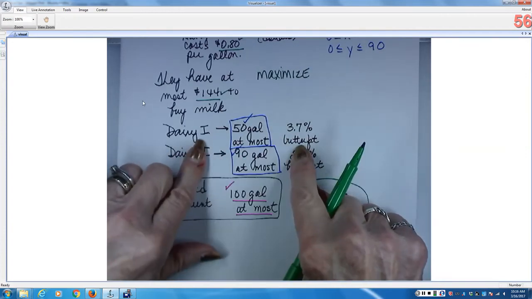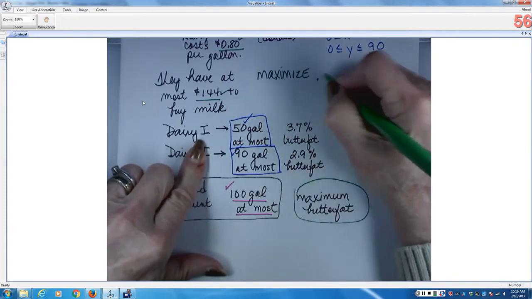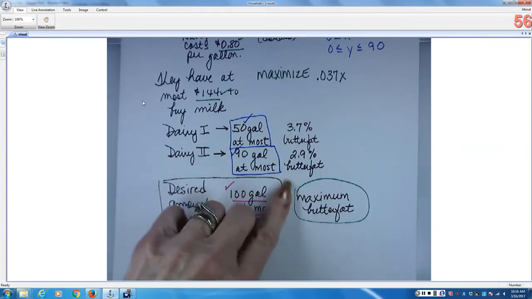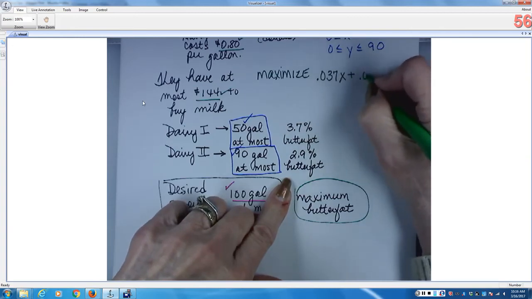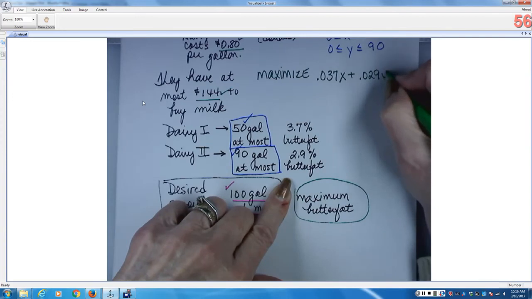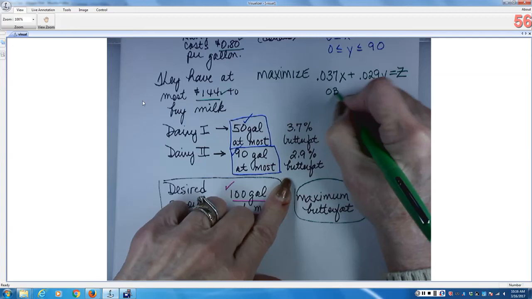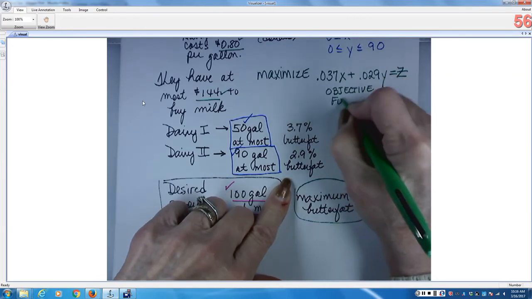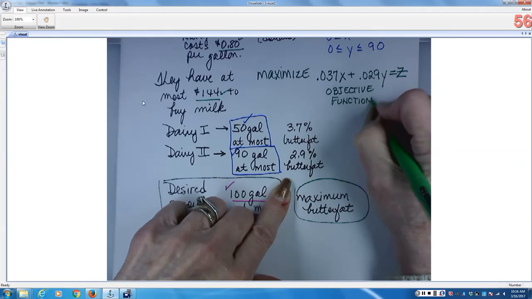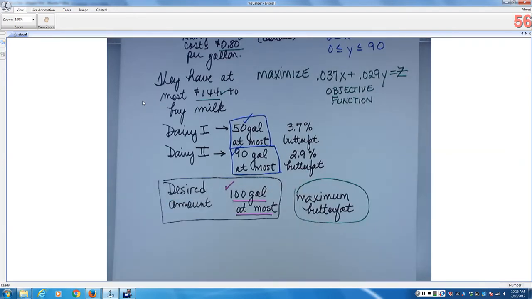And Dairy 1's butterfat is 3.7%, so that's 0.037 times X. And Dairy 2 is 2.9%, so that's plus 0.029Y is equal to Z, which is our objective function. And the reason it's called the objective function is because the objective of the problem is to get the most you can.